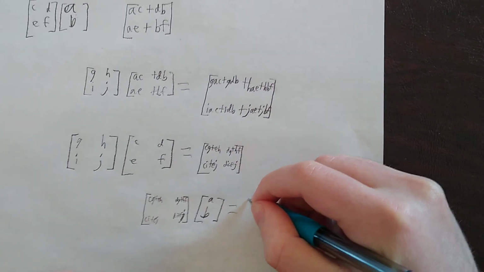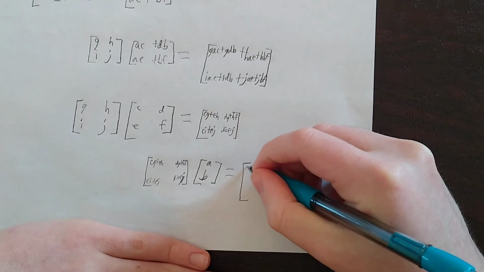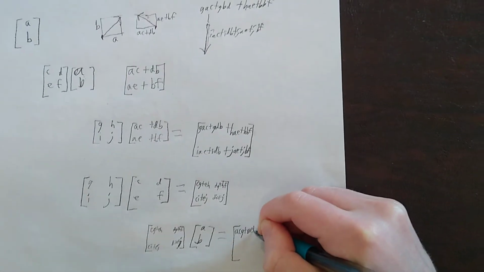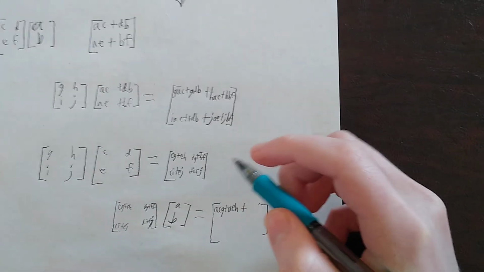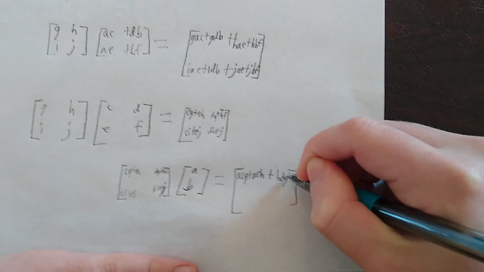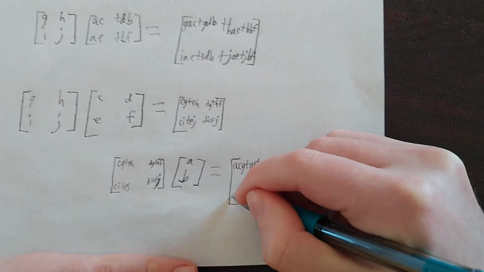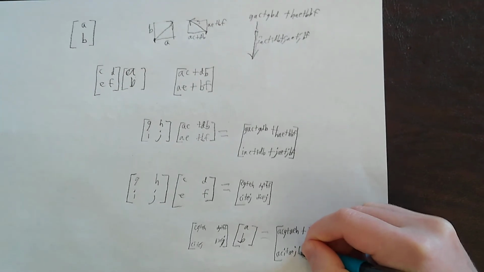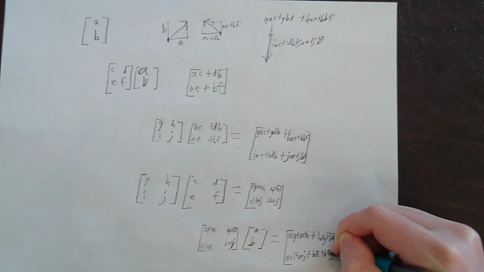And that would be equal to, as shown in this process here, A times C times G plus A times E times H plus B times D times G plus B times F times H. And then A times C times I plus A times E times J plus B times D times I plus B times F times J.